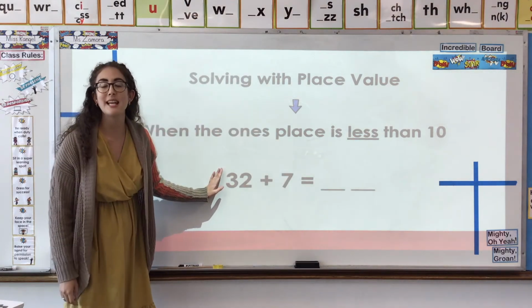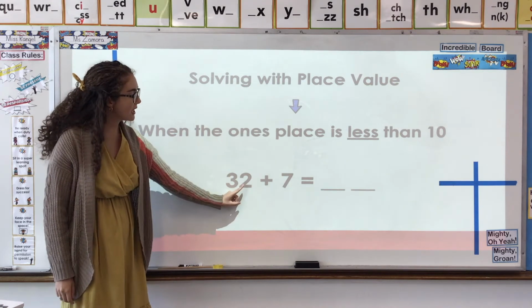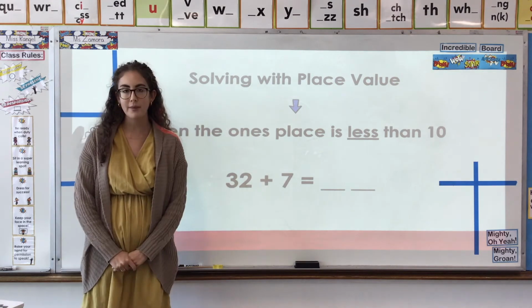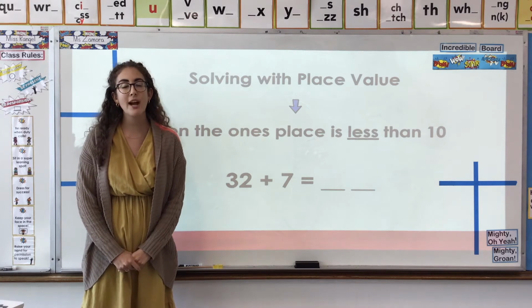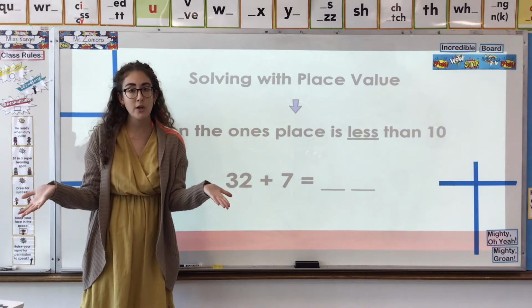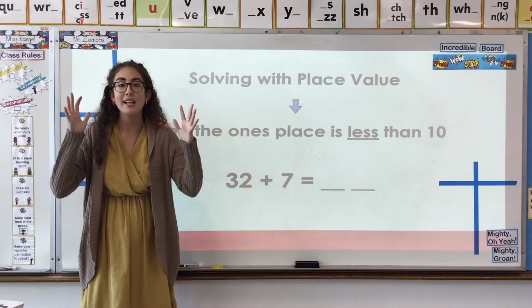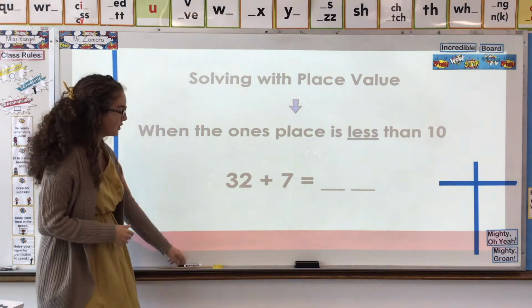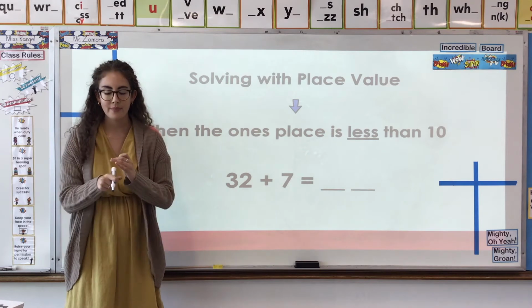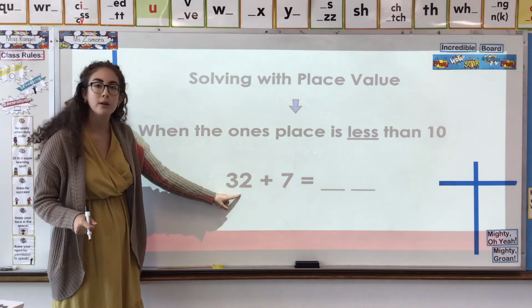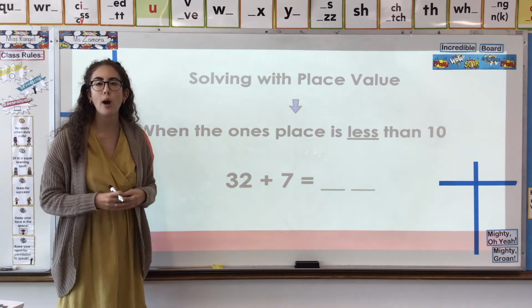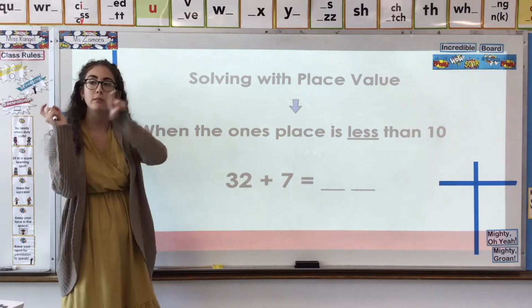Okay, here's an example problem. This is 32 plus 7. In order for us to decide if we're going to use place value, we have to look at the ones place. That's our big clue. So, let's identify. In 32, what number is in the ones place?